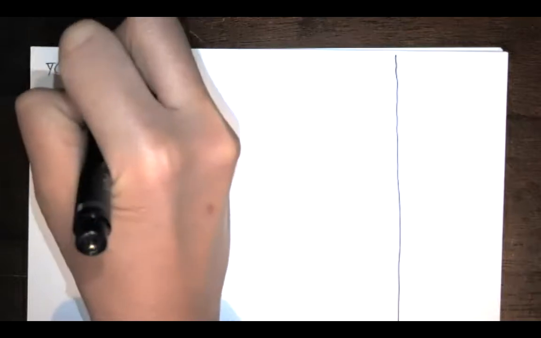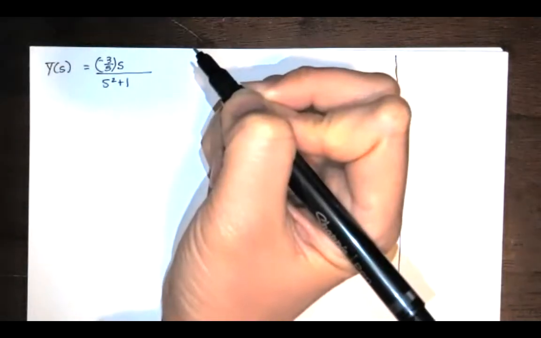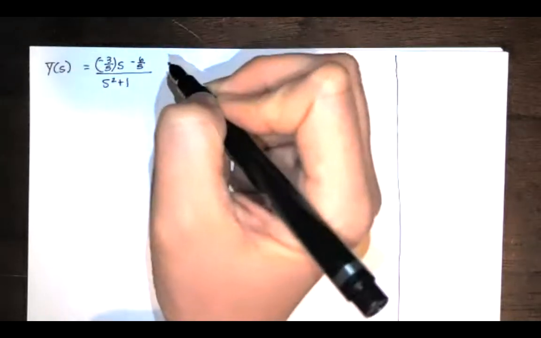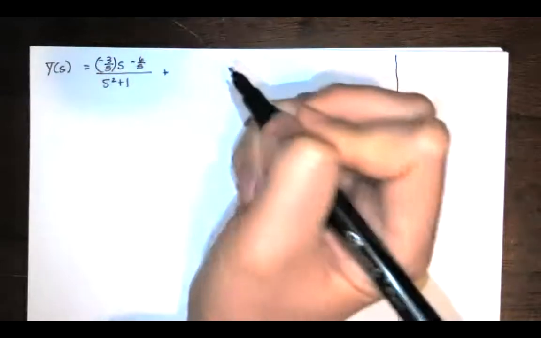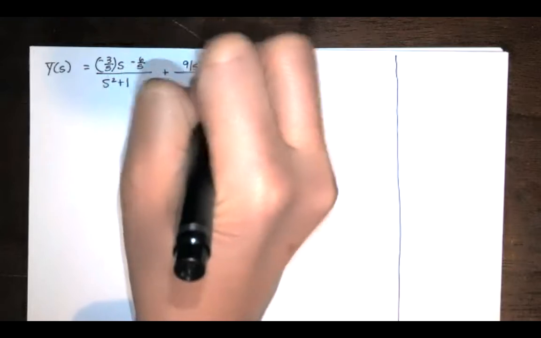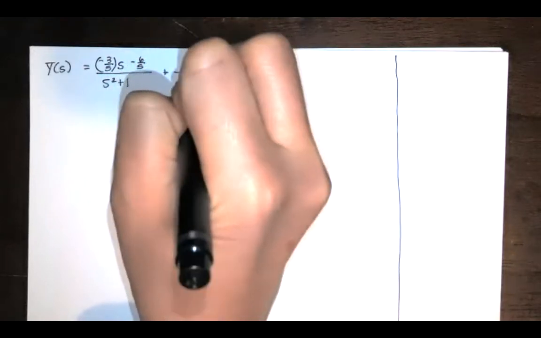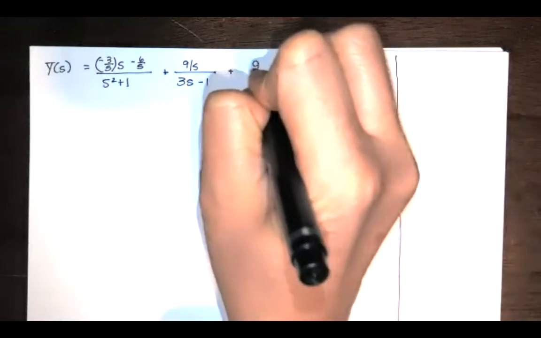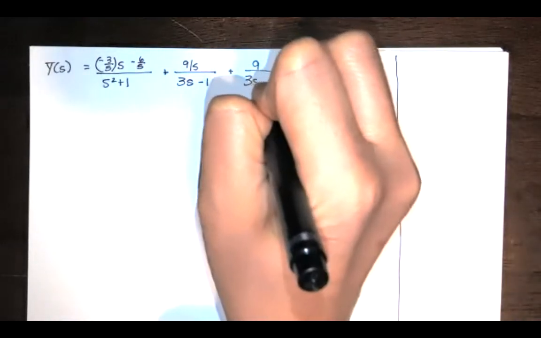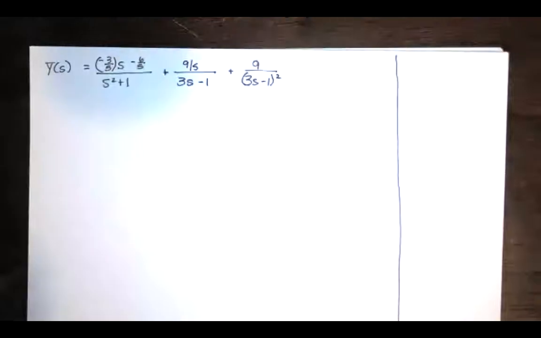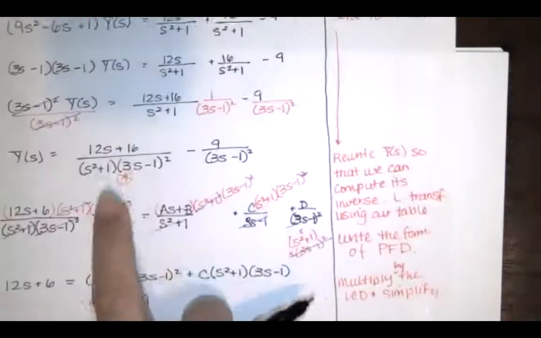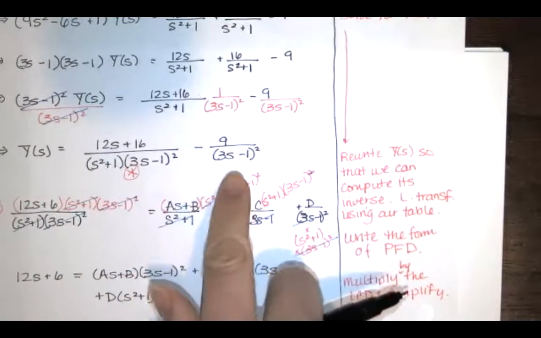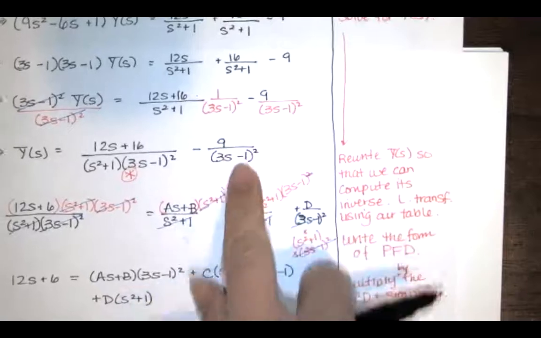So I have negative 3/5 times S plus B, which was negative 6/5, over S squared plus 1, plus C, which was 9/5 over 3S minus 1, plus D, which was 9 over 3S minus 1 quantity squared. So that's this piece right here. And then we're subtracting 9 over 3S minus 1 quantity squared, because that was part of our Y of S from before.